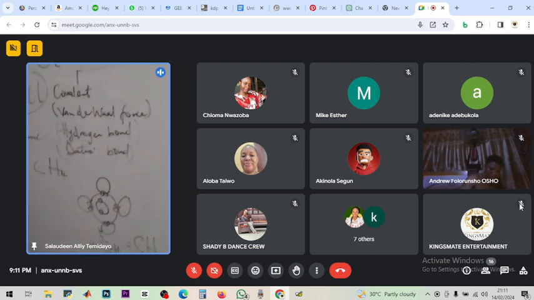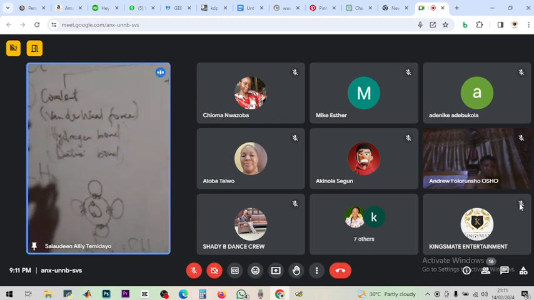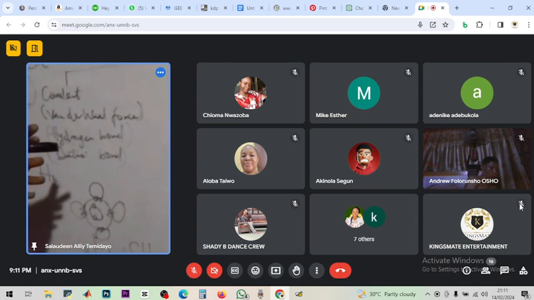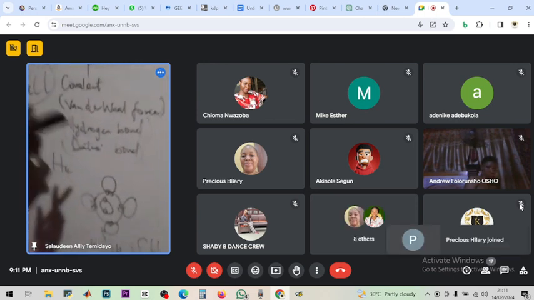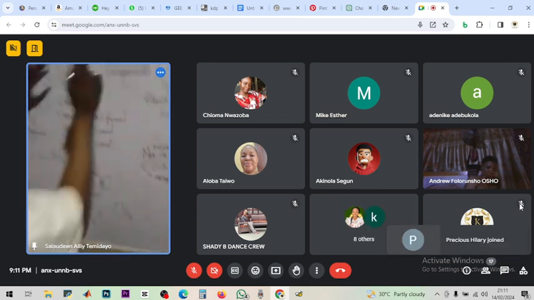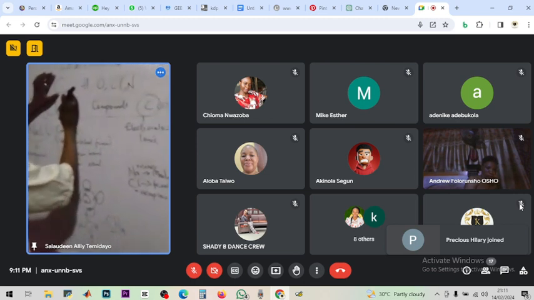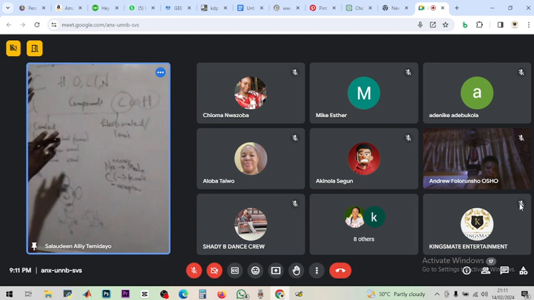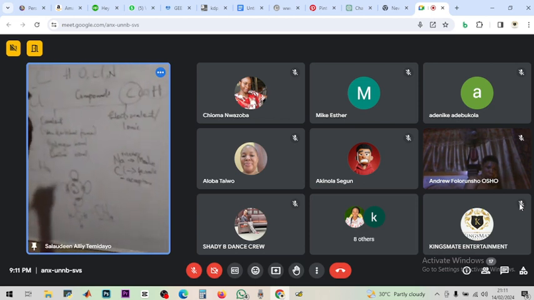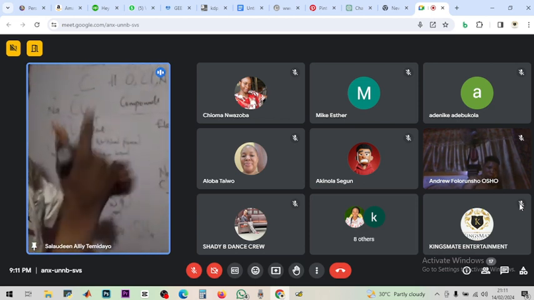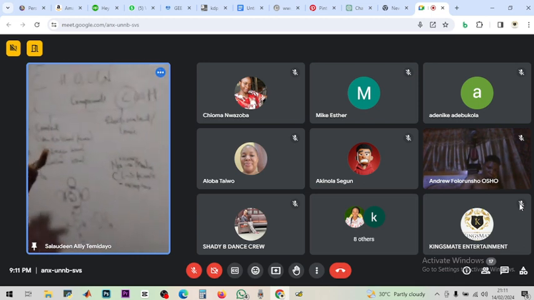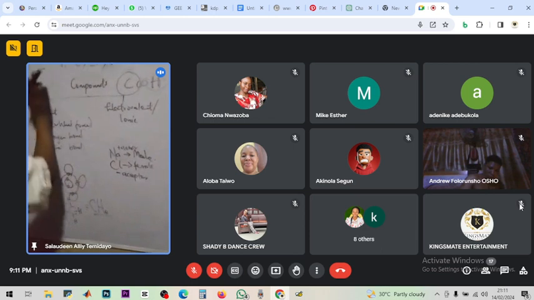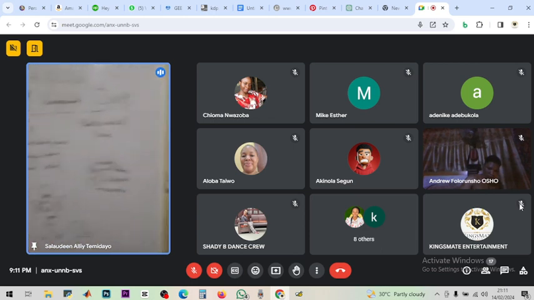So what I'm saying is that organic compounds are exactly covalent compounds that are formed by sharing of electrons between carbon and hydrogen or oxygen or fluorine or nitrogen. They are formed by sharing of electrons. There is never transfer of electrons. This is a very important aspect. There is never transfer of electrons between carbon and hydrogen or any of them.